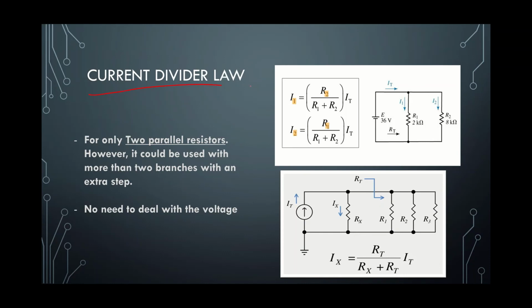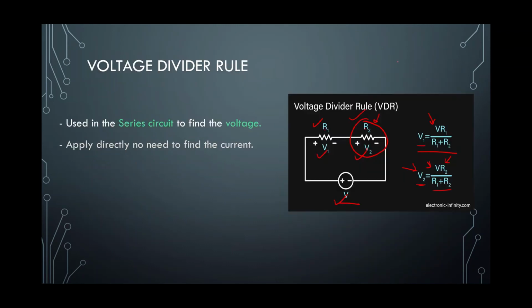The current divider rule is the same as the voltage divider rule, except you have to swap the value of the resistance. I forgot to mention that since the voltage is equal in the parallel combination, the voltage divider rule is valid only for a series circuit, because in the parallel the voltage will be equal.